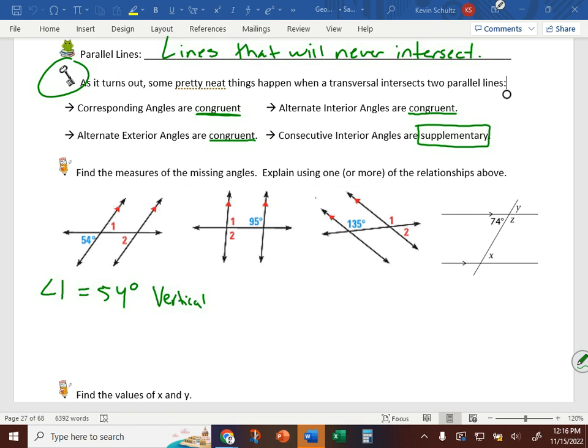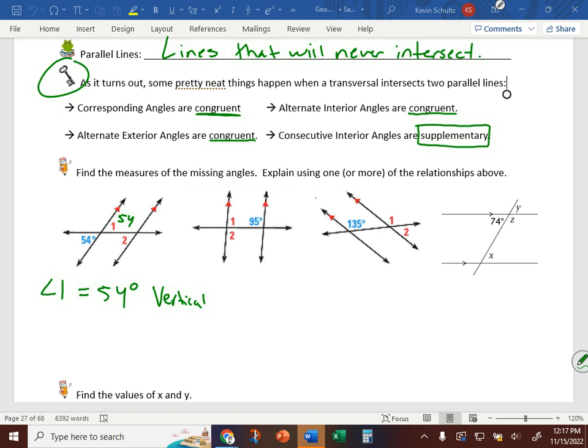Give me 2 ways that you can prove and defend that angle 2 is 54 degrees. Corresponding angles, right? Angle 2 and 54, they correspond there. How else could you do it? With angle 1. Now that we know that angle 1 is 54, notice the relationship of angle 1 and angle 2. They're alternate interior angles.